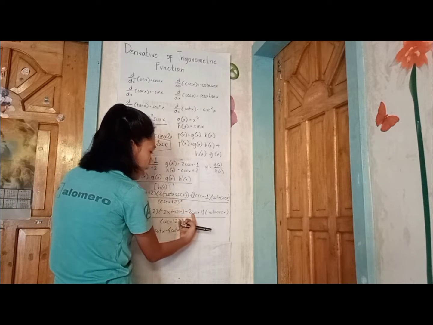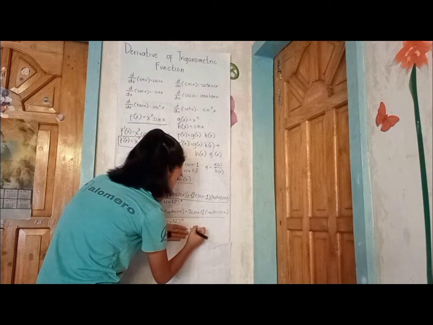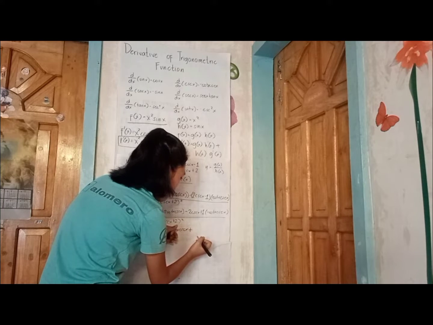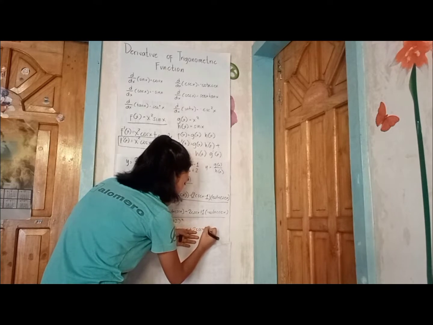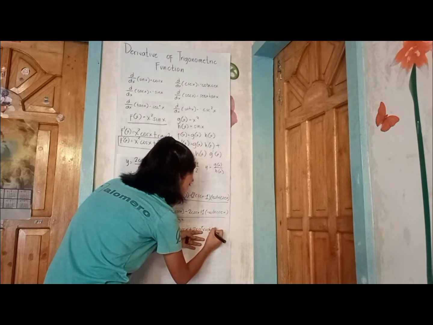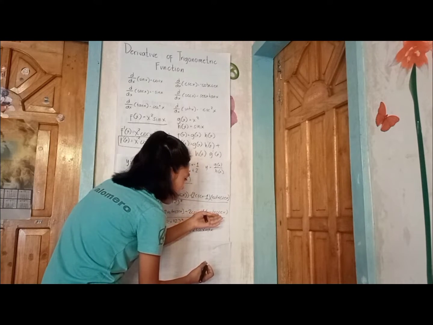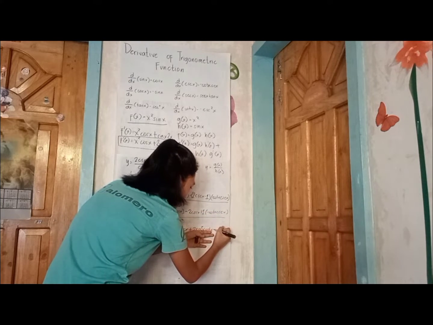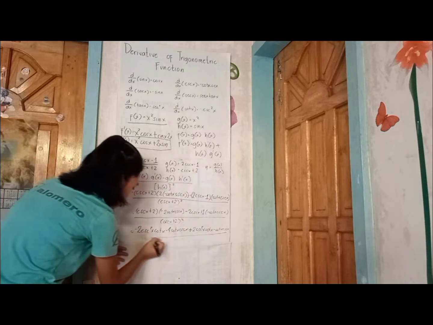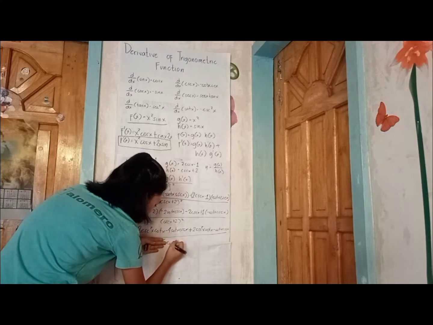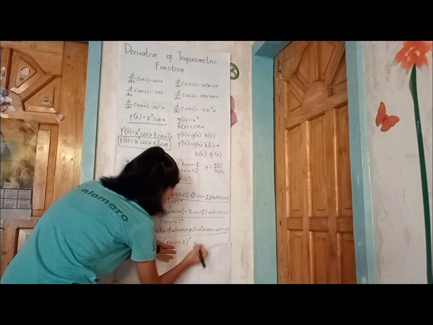Then negative 2 cosecant x plus 1 multiplied to negative cotangent x cosecant x, which is plus 2 cosecant squared x cotangent x, positive 1 times negative cotangent x cosecant x is negative cotangent x cosecant x, all over cosecant x plus 2 squared.